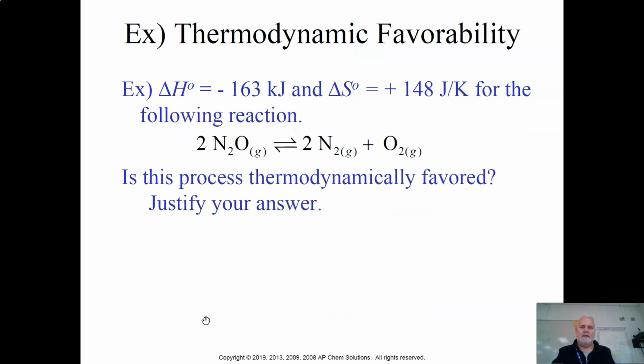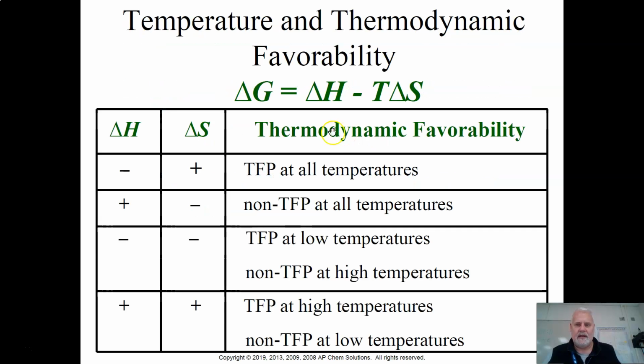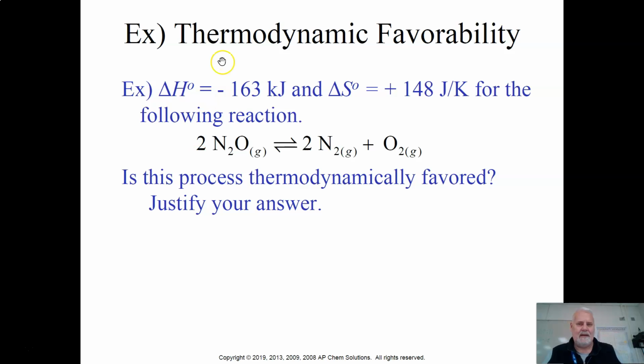All right, so here you have delta H being negative and delta S being positive for this reaction. So if we go back to the chart, you've got this right there, and that is positive. If you know those things, you're not going to have to crunch any numbers.